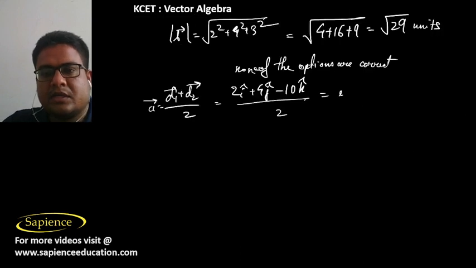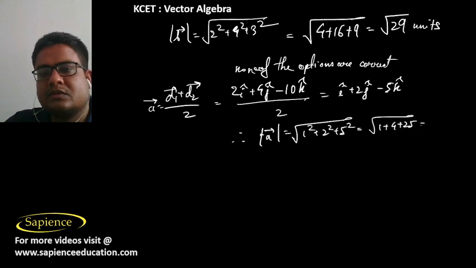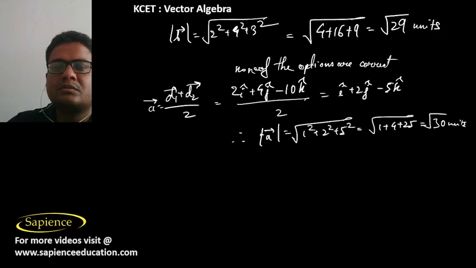So this is i cap plus 2j cap minus 5k cap. Therefore, the magnitude of A, the length of the longer side, will be 1 square plus 2 square plus 5 square. So that is 1 plus 4 plus 25, that is 30. So it means that none of the options are correct.